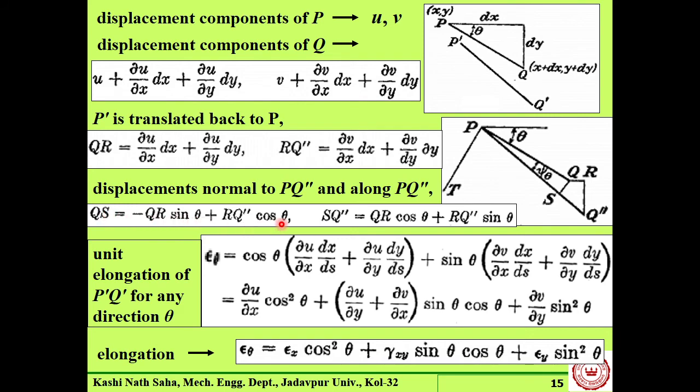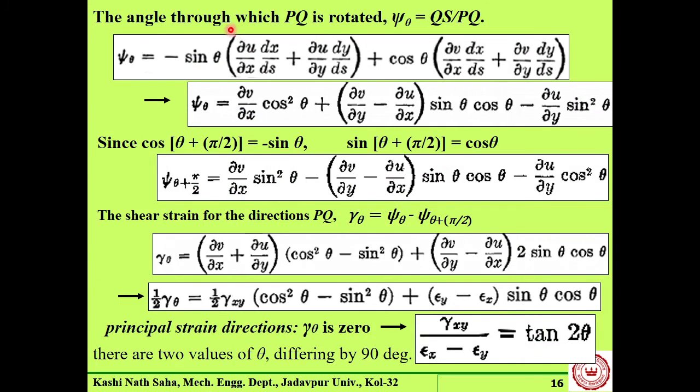So check this thing, you have to take the slide actually and find out. And we observe that this is theta plus pi by 2, okay. So cos of this angle is minus sin theta and sin of theta plus pi by 2 is cos theta.